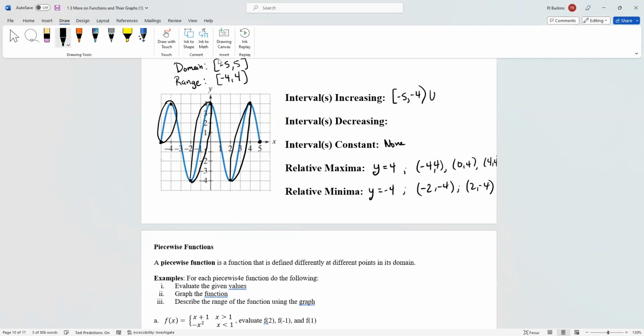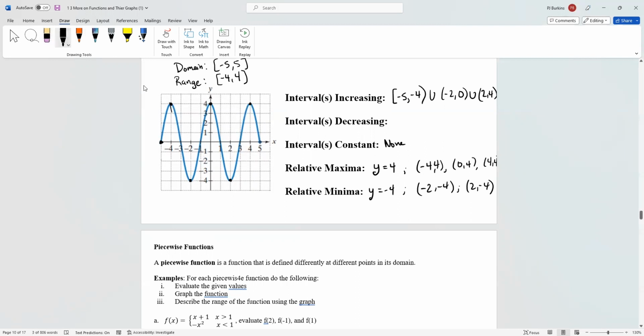Then we are also increasing from -2 to 0. And we're increasing from 2 to 4. Okay. And we are decreasing everywhere else.